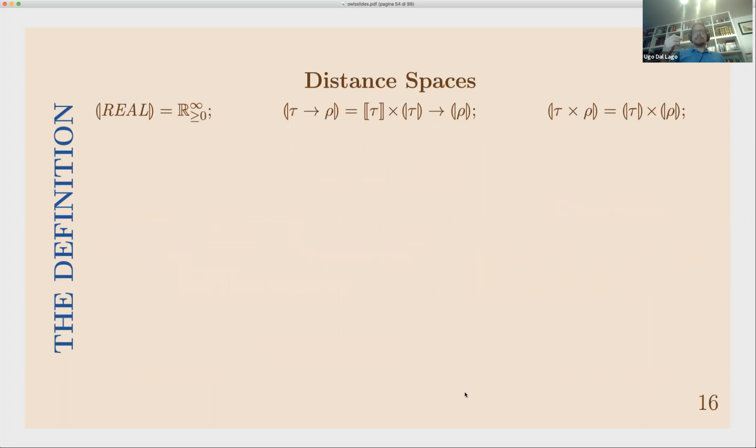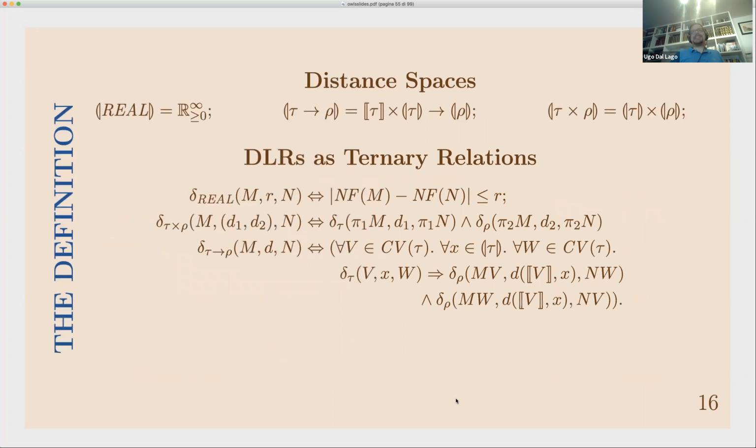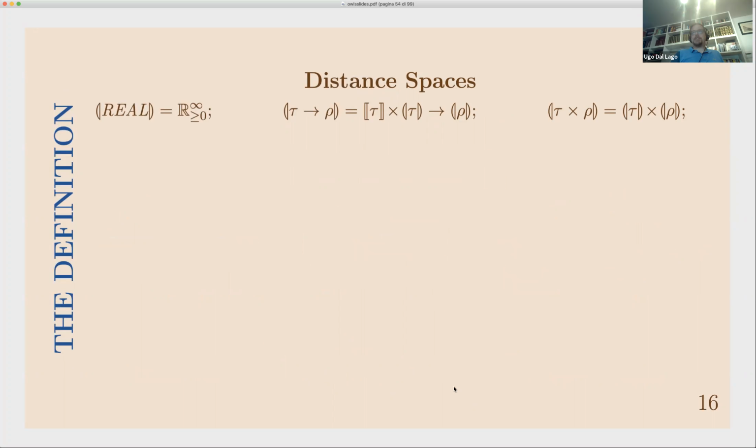But what comes out as something a little surprising is how we measure the distance between two terms. So for each type, there is a notion of the distance space for this type. So two terms of type real are at a distance which is itself a real number, usually a positive real number or infinity.